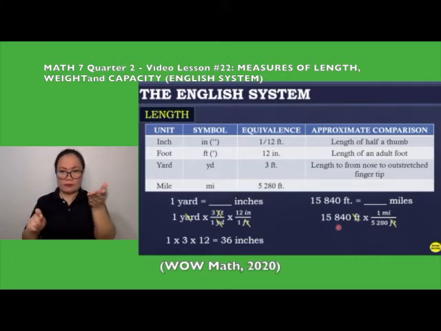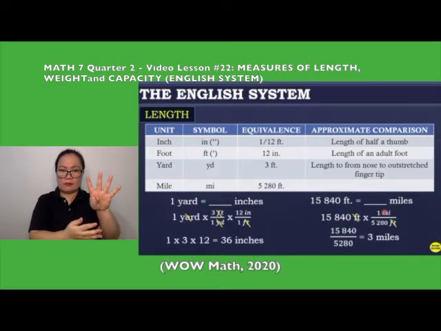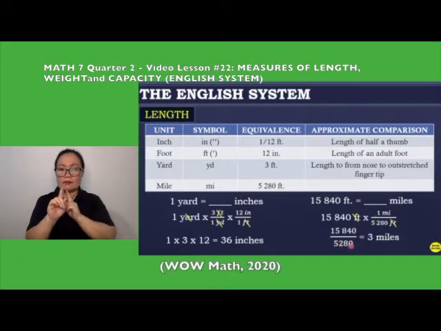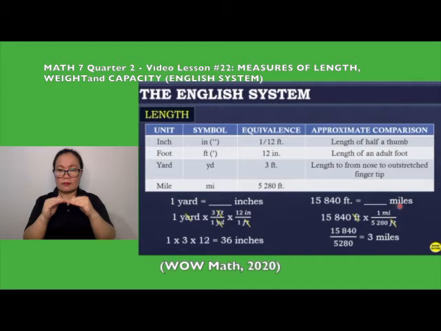So, therefore, we will have 15,840 times 1, that is still 15,840, divided by 5,280, so that is equivalent to 3 miles. So, kung ano yung naiwan na unit, ayun po siya. So, therefore, 15,840 feet is equivalent to 3 miles.